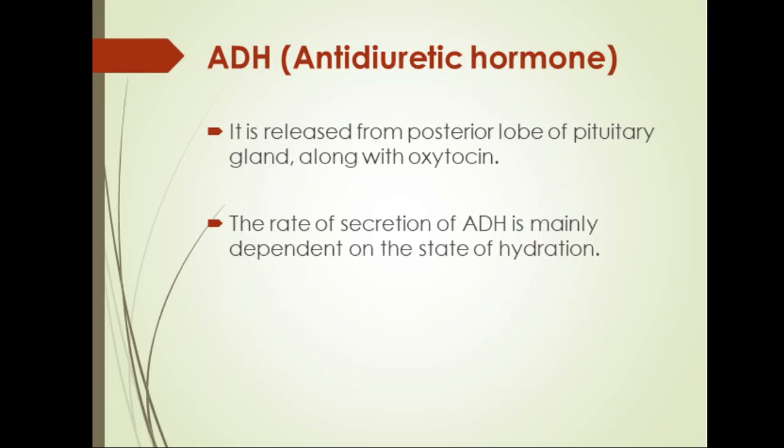The rate of secretion mainly depends on the state of hydration. If there is a requirement of water in our body, secretion increases. Basically it stops the excretion of water from our body.